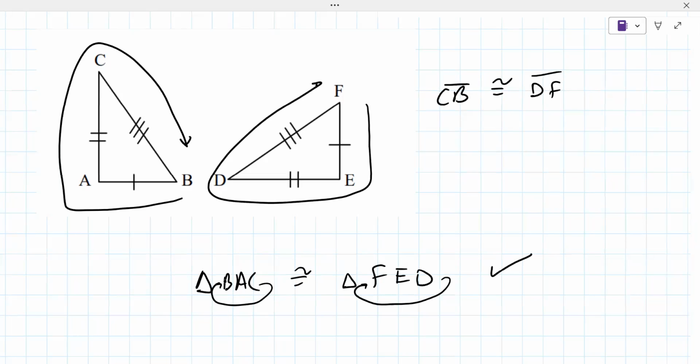D wraps around to F. Got it. How about angle A, what is it congruent to? Angle E. Very good.